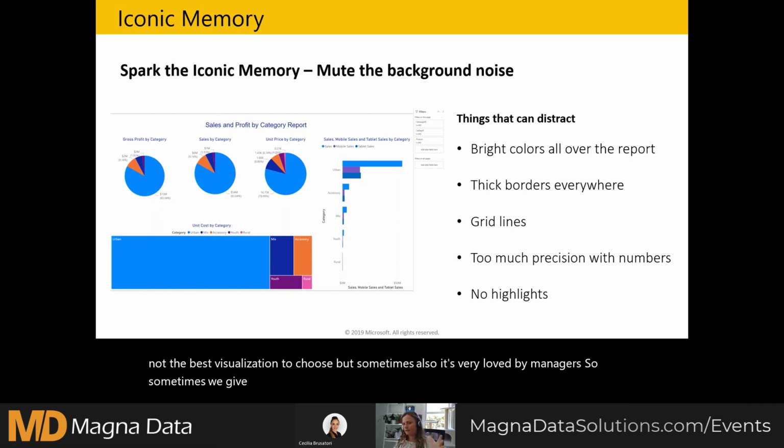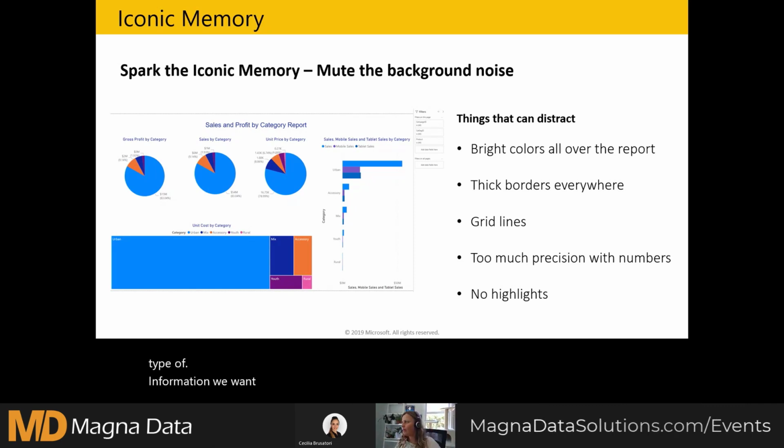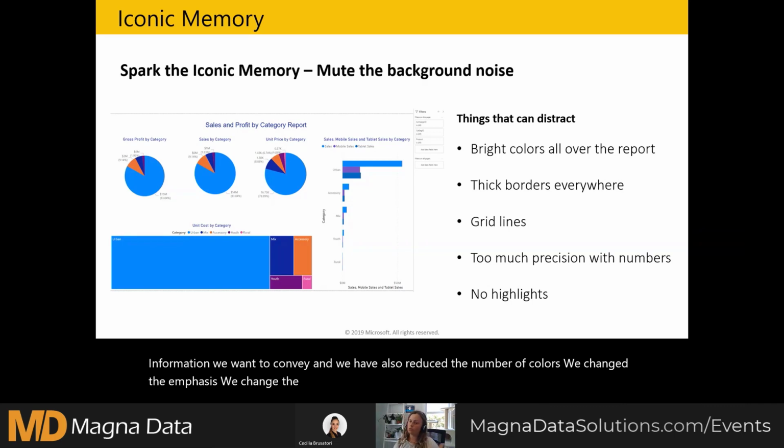I'm not saying to focus on the pie charts here, focus on the things that we have done. We have reduced the visualizations, we have reduced which type of information we want to convey, and we have also reduced the number of colors, we changed the emphasis, we changed the titles and other things. We chose pie charts right here. But yes, a great creation that you have got there. Thank you for sharing, Briancy.